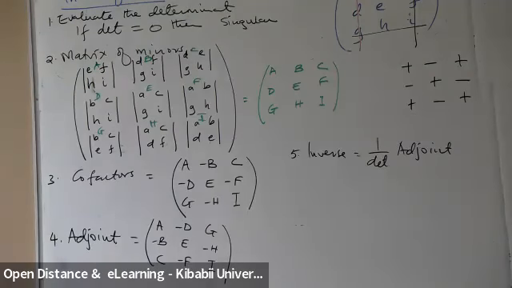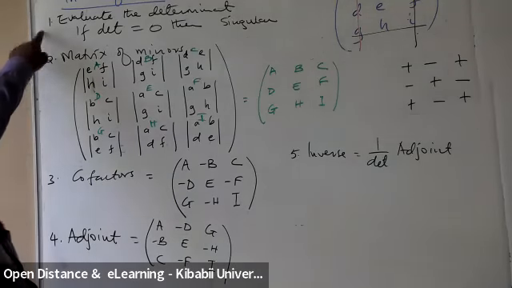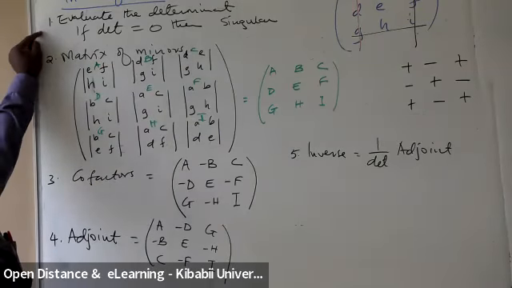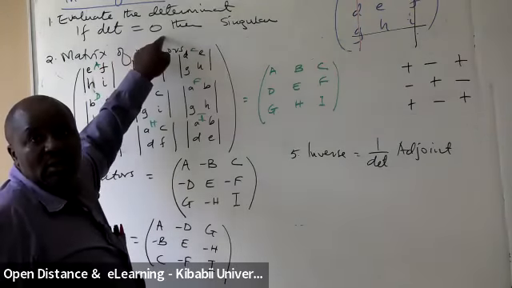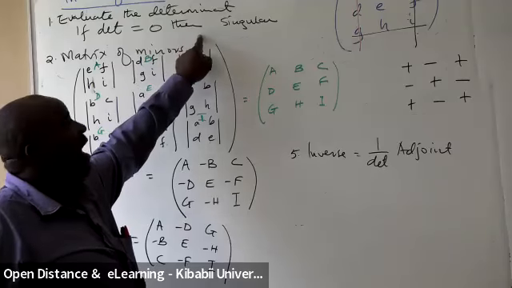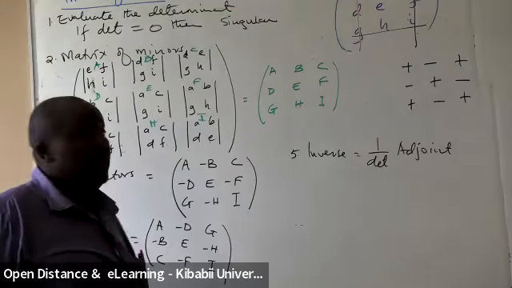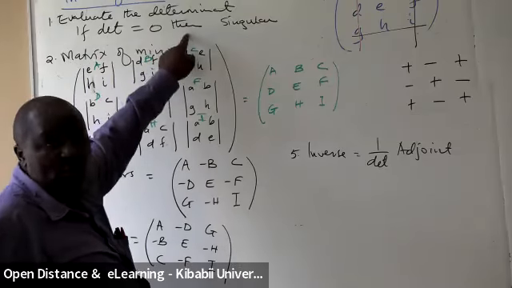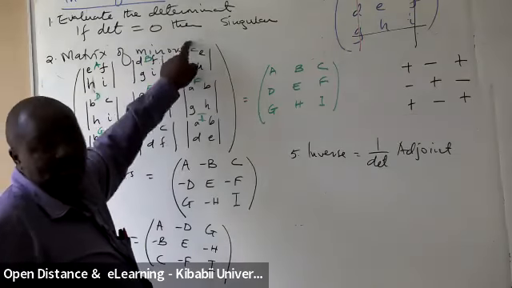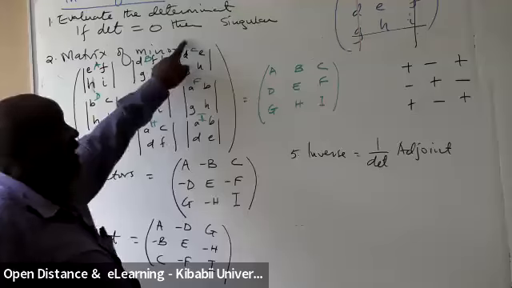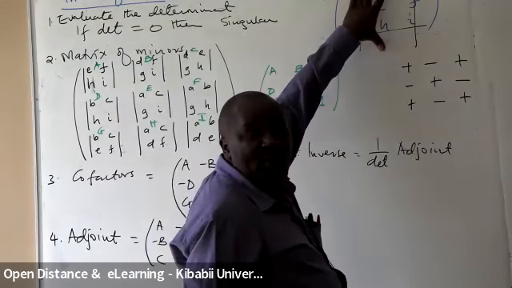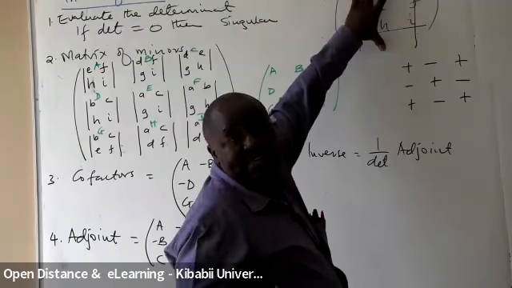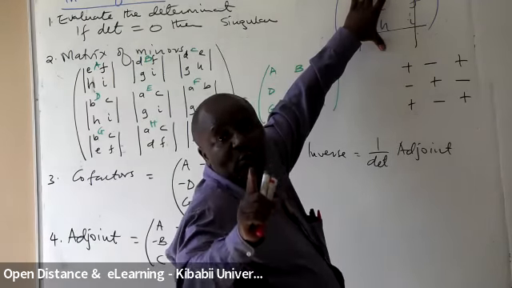I quickly repeat through the steps. Step 1, evaluate the determinants. We have seen examples on how to get the determinant. If the determinant is 0, then that matrix has no inverse and is called a singular matrix. If the determinant is not equal to 0, proceed to evaluate the matrix of minors. A matrix of minors is that matrix that's obtained by replacing each and every element of the matrix by the determinant of its due reduced 2 by 2.